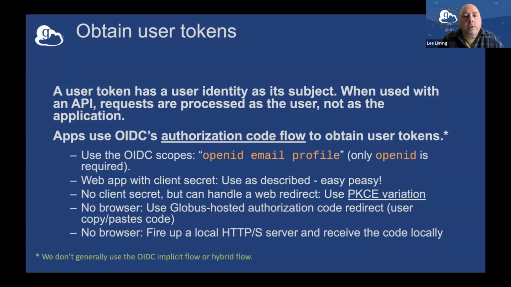So whoever is logged in, everything that you do with those tokens uses their permissions. It's the permissions of the person who's using your application. Whatever groups they might belong to, whatever accounts they've been given on various systems and linked in Globus are then available for the application to use on their behalf.